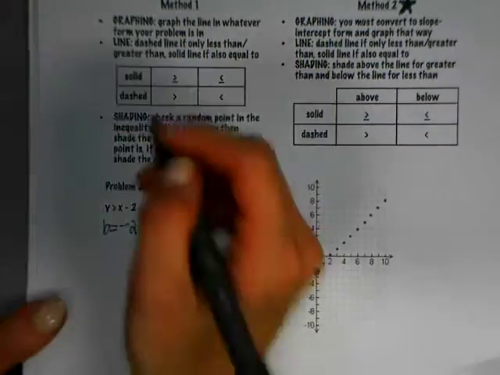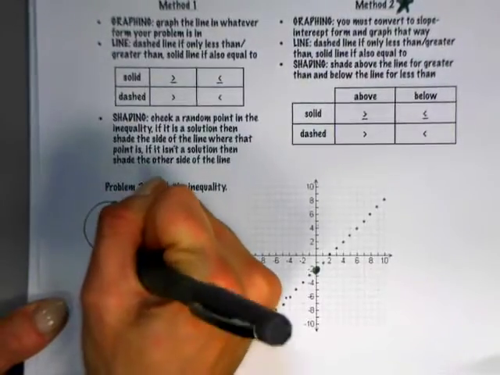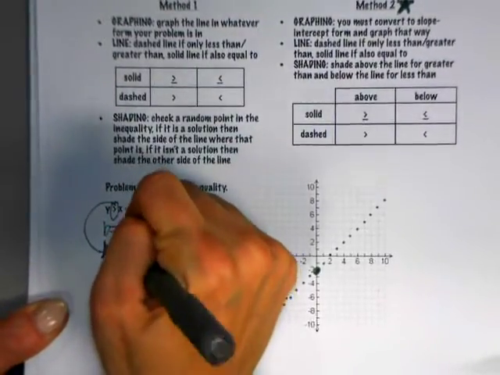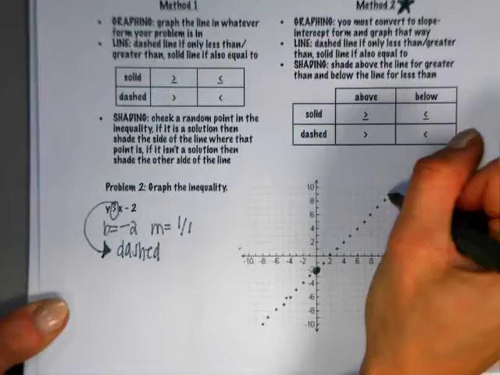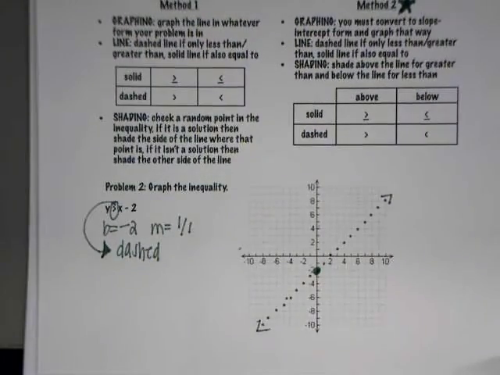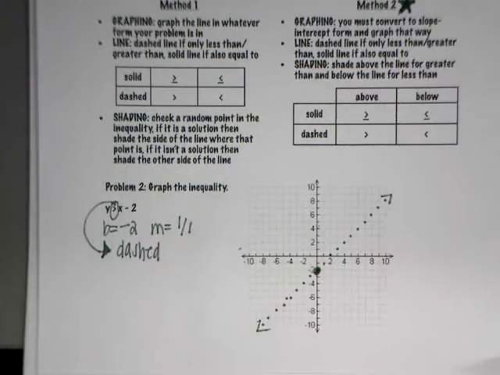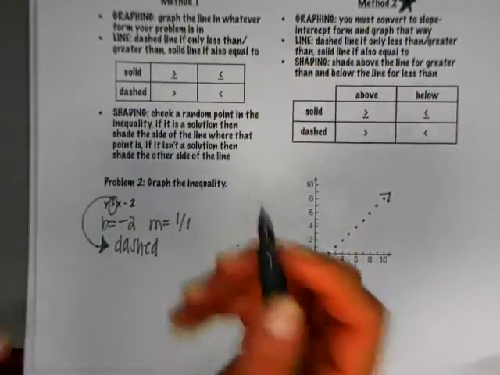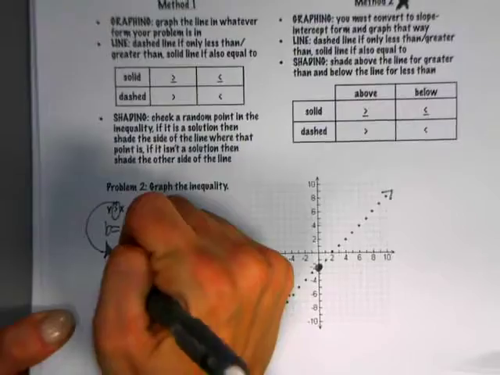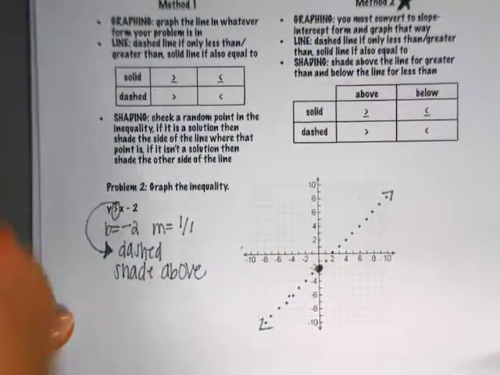Okay, and then we're going to look at our symbol right here. Is that going to be a solid line or a dashed line? Dashed. So I'm just going to keep it dotted like that. And then, because it's minus 2, and then it's a greater than symbol, so would I shade above or below? Above. So that's up here.